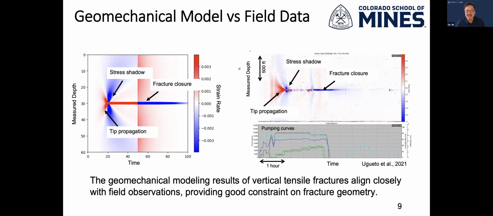We're able to see the stress shadow on both sides of the hydraulic fractures. We're able to see this heart shape in the beginning. And also, very importantly, we can really pinpoint where that hydraulic fracture intersects my monitor well, which we call the fracture hit location, right? So you have a fiber well, you have a fracture hitting the fiber well, and you can really know where that fracture intersection point is.